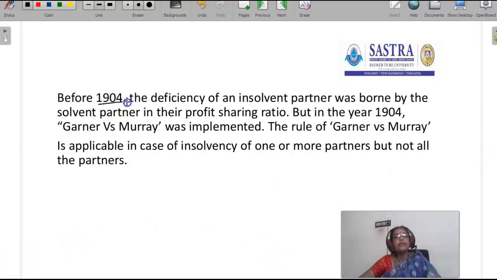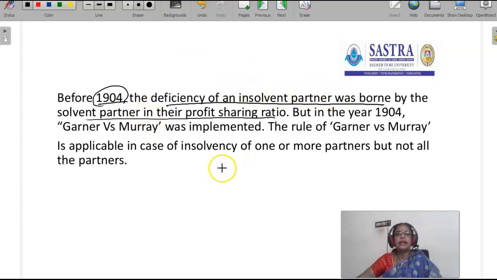Before 1904, the deficiency of an insolvent partner was borne by the solvent partners in their profit sharing ratio. So before the year 1904, the deficiency of 10,000 rupees of partner C was shared between X and Y in the profit sharing ratio, maybe 1:1.